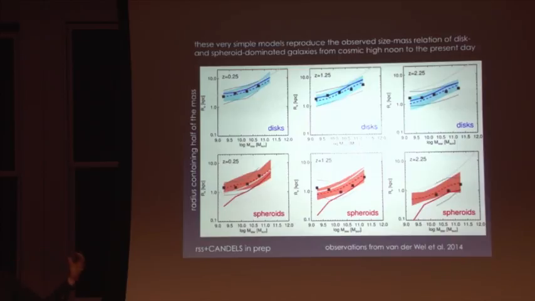So we have a disk and a spheroid. We measure the size of the composite, which is what the observers measure. They match the observations very, very well. They match this steeper slope of the size-mass relation for spheroids relative to disks, and they match the more rapid evolution. And all of this is governed by the behavior of gas in these galaxies.